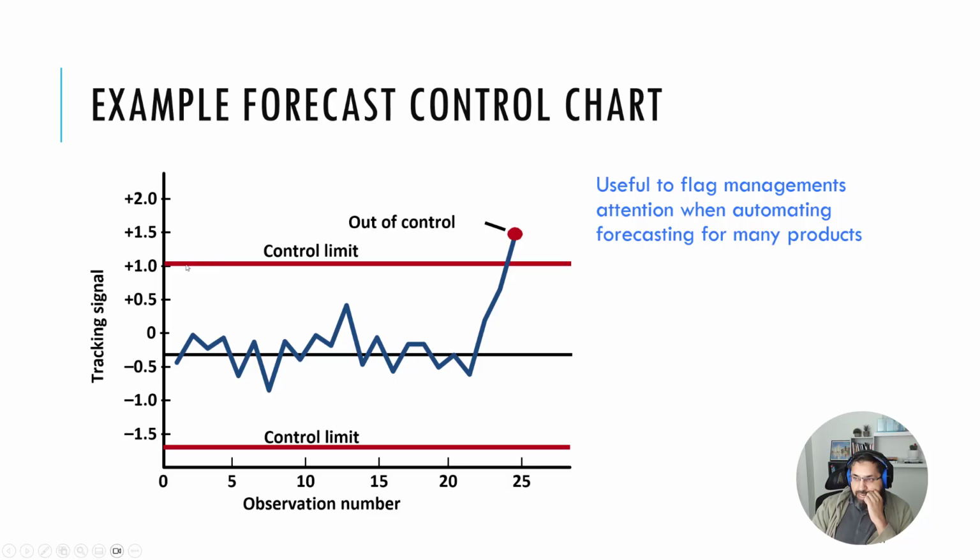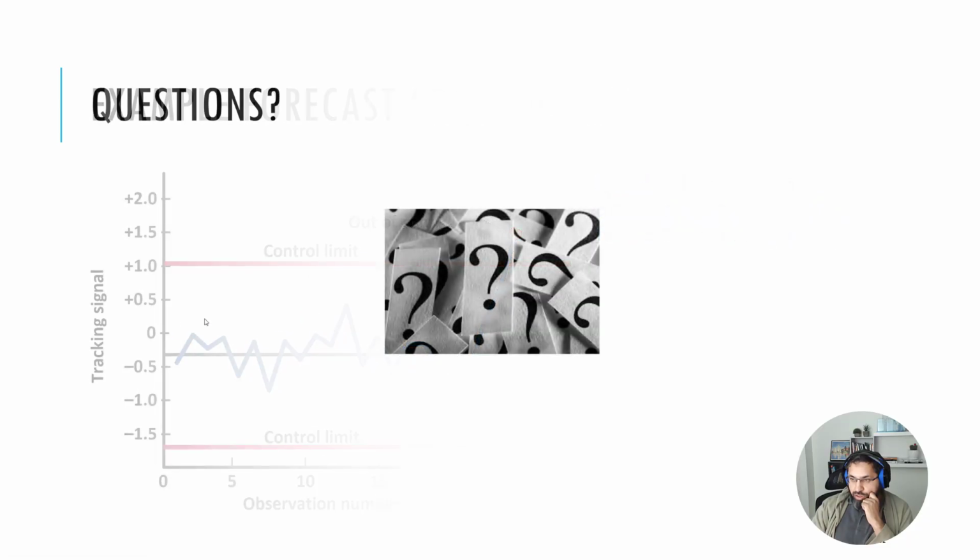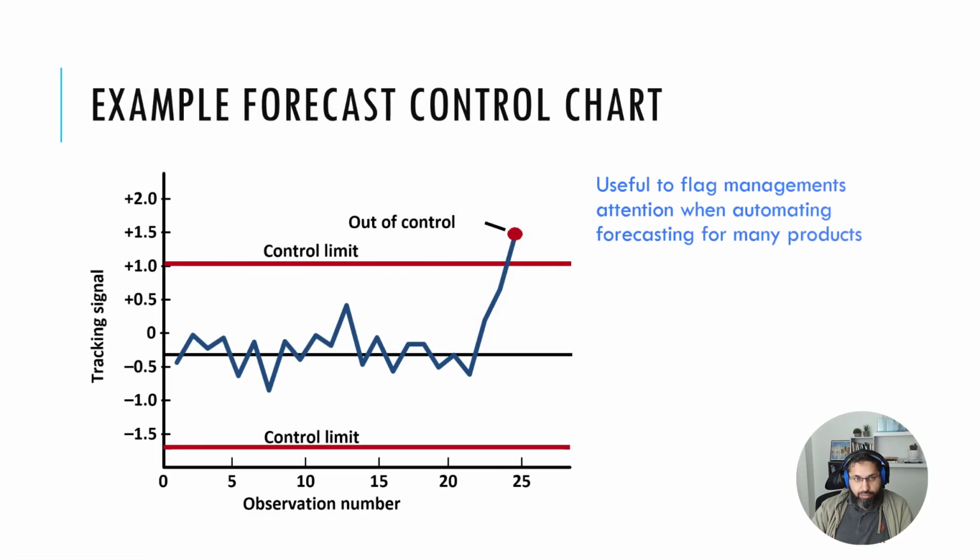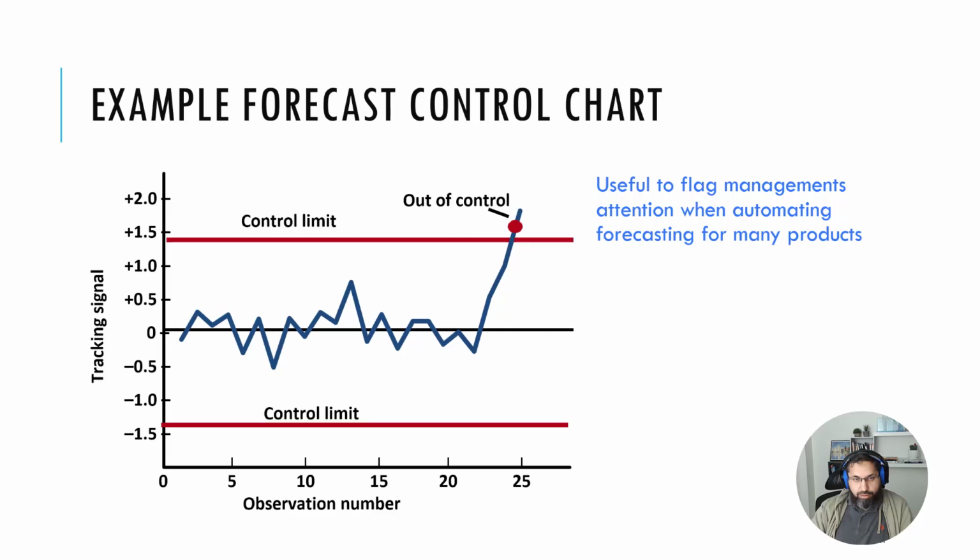This is an example of that. These are control limits. You can see they are centered around 0. So this is an example of a control chart: centered around 0, plus 3 sigma upper control limit, 0 minus 3 sigma lower control limit, and this is your tracking signal.